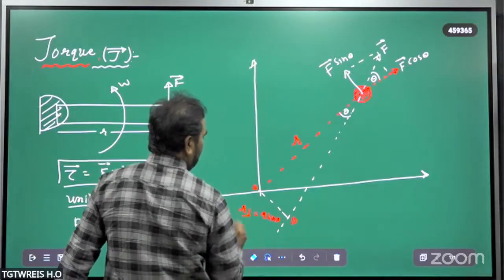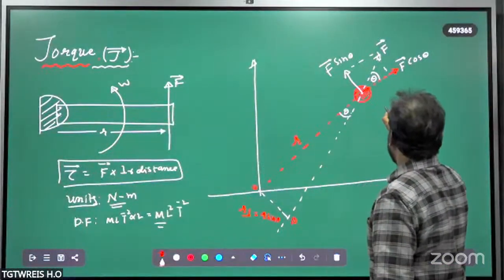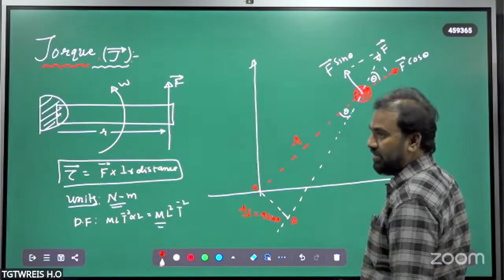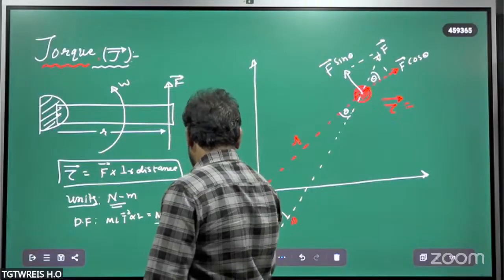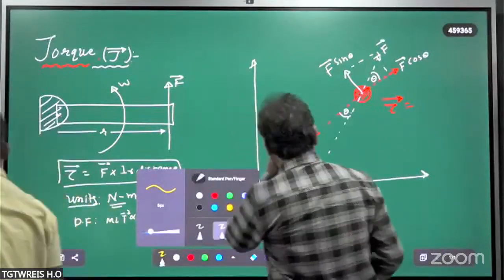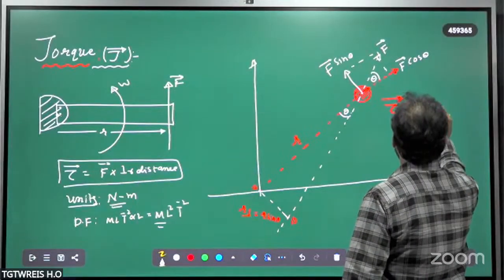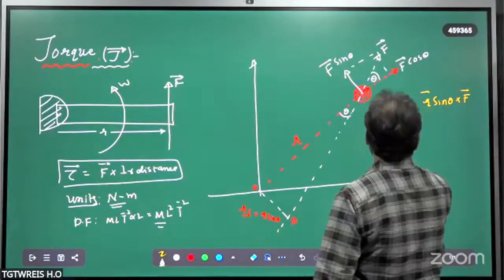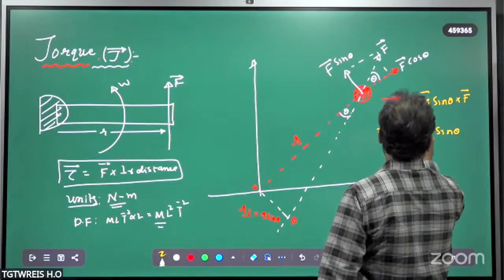Therefore, the torque acting on the object about this point can be written as: torque tau is equal to force into perpendicular distance, that is F sin theta into r, simply torque tau is equal to F r sin theta.